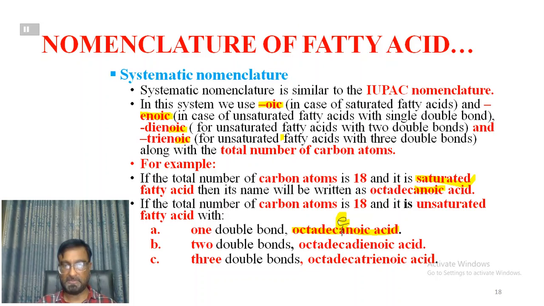Two double bonds, that will be called octadecadienoic acid. Three double bonds, octadecatrienoic acid. If it is saturated, that is called octadecanoic acid in case of the saturated.